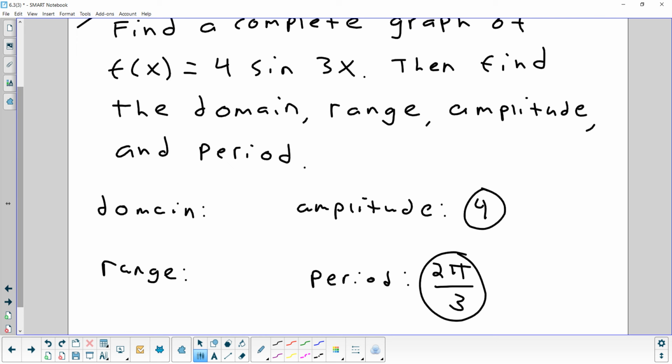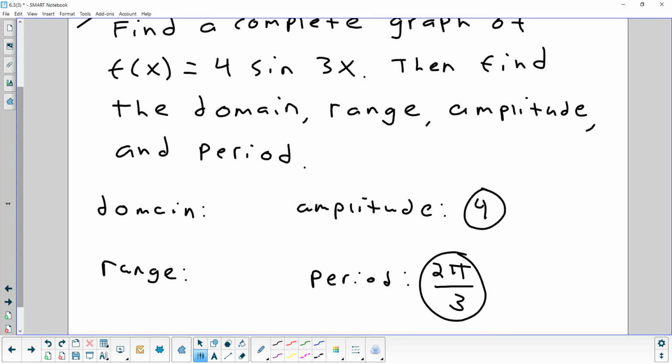The reason that comes in handy is because if they say sketch it on the calculator and describe a window that shows 2 periods, well, you know the length of 1 period. So if you want to see 2 periods, double it. And that's what we're going to do. We're going to show 2 full cycles of the graph.